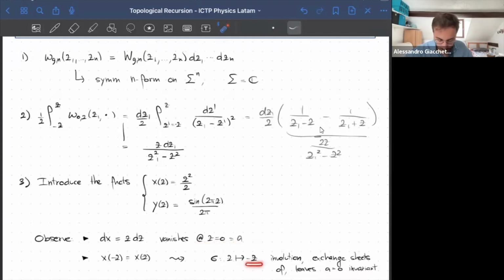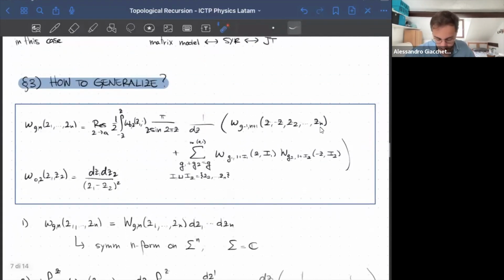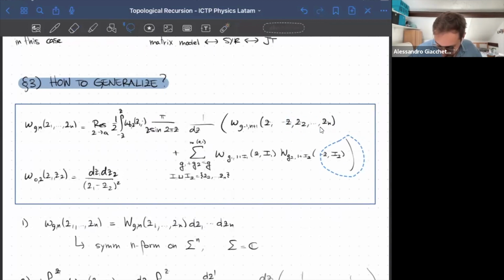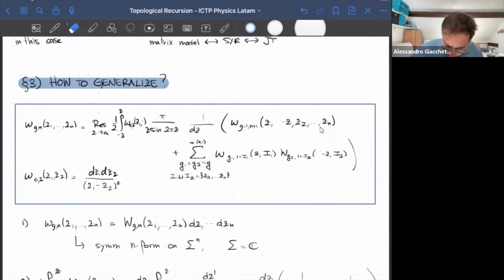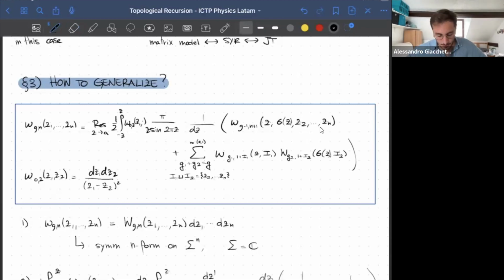But this minus z appears in many places, here and here. So let me substitute it with sigma. So here I will have just sigma of z and sigma of z here as well.